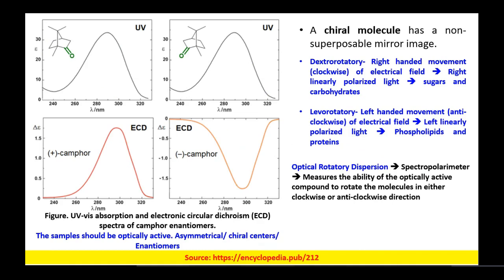Now, before we move forward, we need to understand the difference between UV ray absorption and the electronic circular dichroism spectra of different compounds. If you see herein, the structure of camphor has been given. The chemical structure of both plus camphor and minus camphor, plus meaning dextrorotatory and minus meaning levorotatory, in UV visible spectroscopy would be the same.